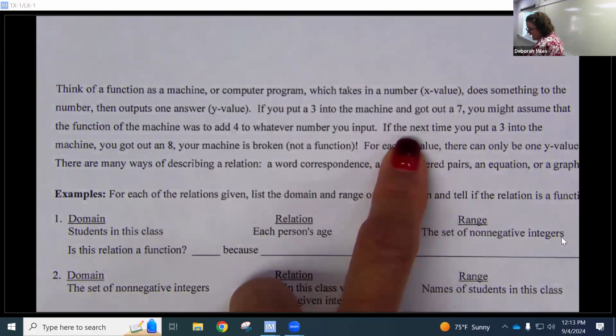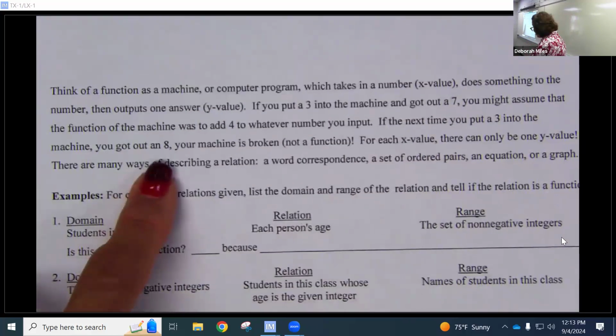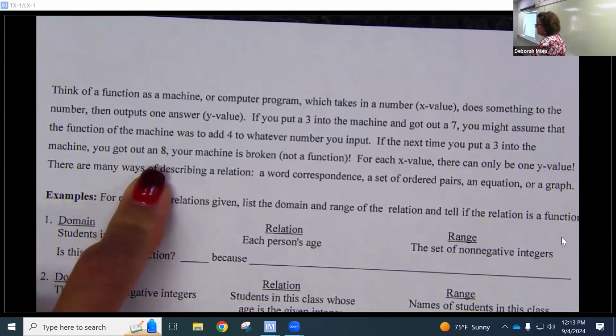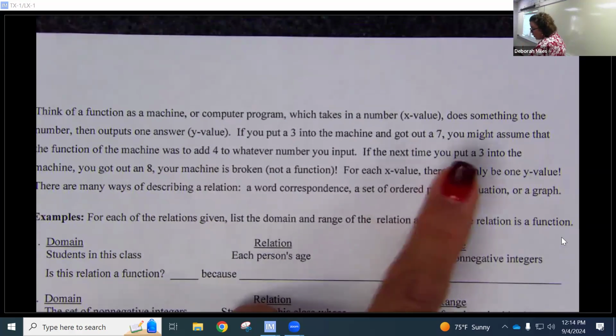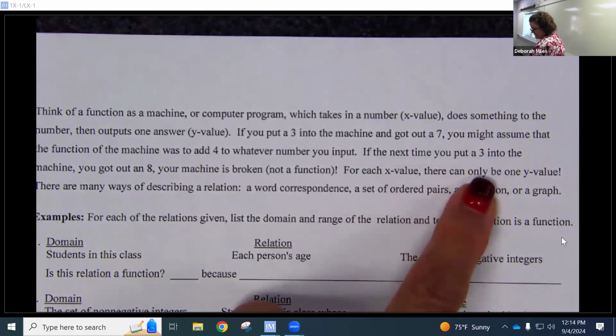If the next time I put in a 3, I got out an 8, all of a sudden my machine has gone crazy. I put in the same x and it gave me 2 different y's. I don't know what that machine's doing. It's not functioning. It's not a function. That makes sense? All right. For each x, there can only be one y.